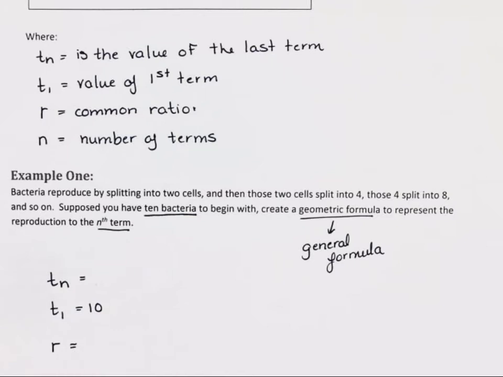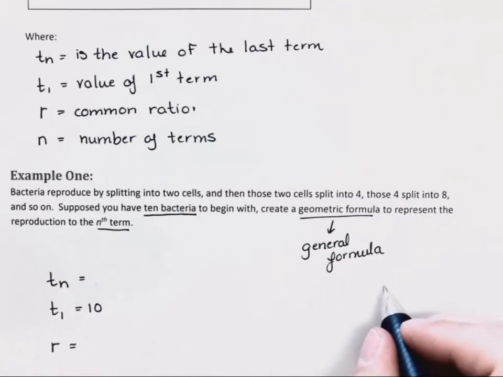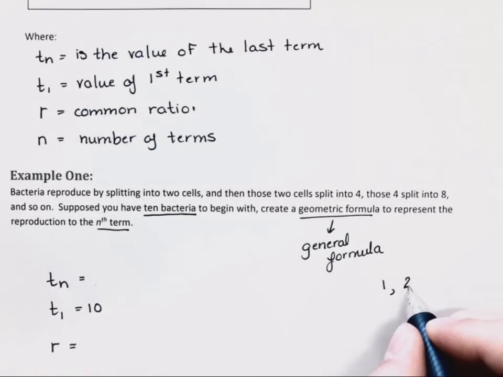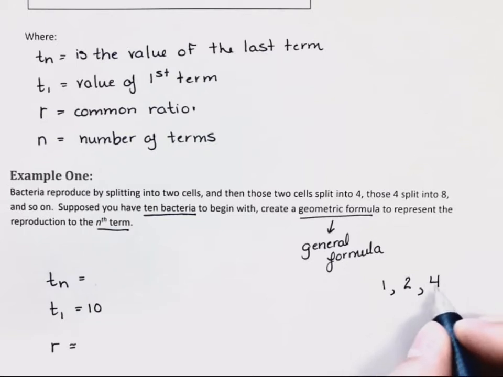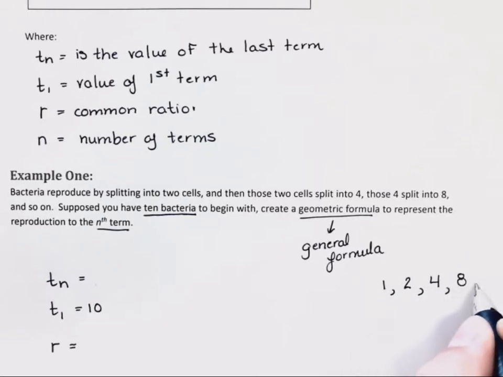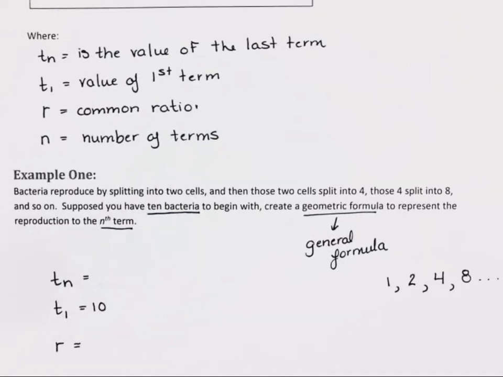The common ratio, okay, so let's write this out. We started with 1, then that splits into 2, the 2 split into 4, the 4 split into 8, and so on. And to indicate that this goes on forever, don't forget you're going to use the ellipsis symbol, which just means that it continues on and it's 3 dots in a row. You may have used it in English or texting people.